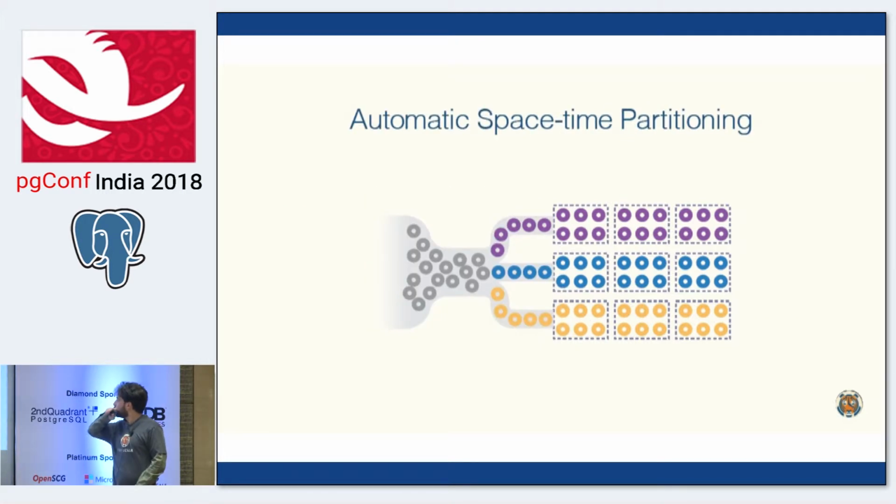We also do automatic space-time partitioning. So like declarative partitioning, when you insert to our hypertable, we will route the tuples to the appropriate chunks. And the way we do this is by analyzing the appropriate attributes or columns in the tuples and deciding which chunks correspond to that, because all of these chunks are disjoint in the partition keys they operate on.